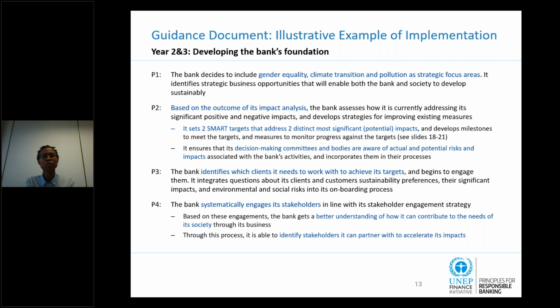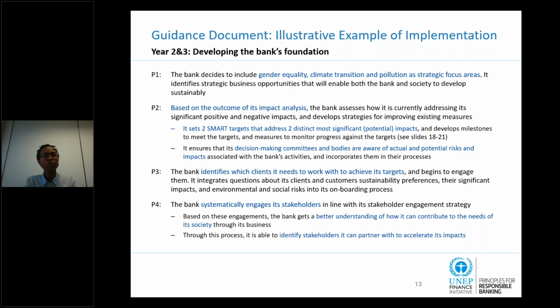On principle number 2, we've started with an impact identification in year 1. Moving on from that in year 2, based on the outcome of that impact analysis, the bank assesses how it can currently address its significant positive and negative impacts and develops strategies for improving existing measures.